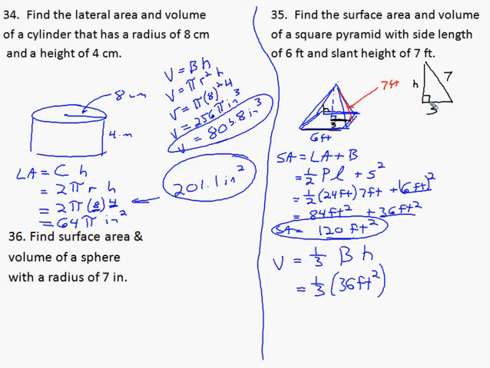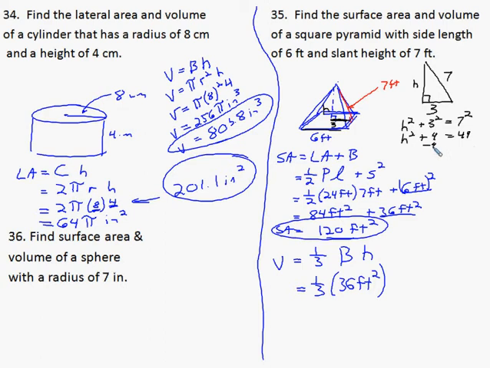So, as we just mentioned, the Pythagorean Theorem says legs squared plus legs squared equals hypotenuse squared. So one leg is h, so h squared, plus the other leg, which is 3, equals the hypotenuse squared, which is 7 squared. Working this out, we've got h squared plus 9 equals 49.